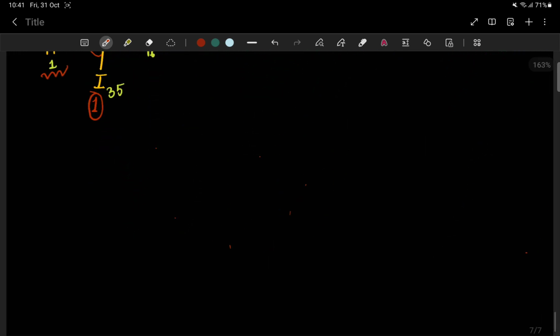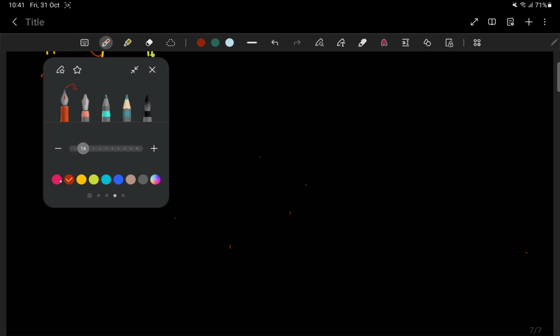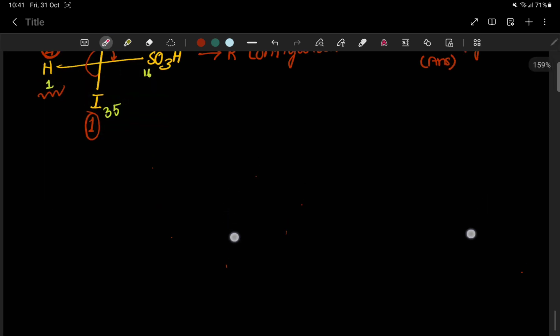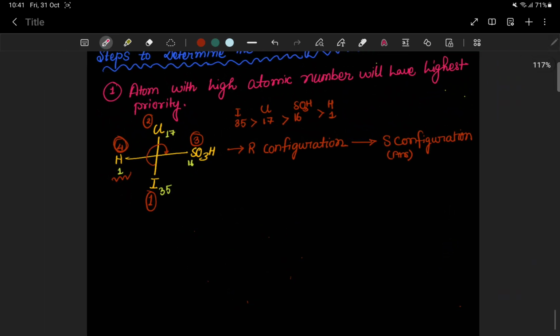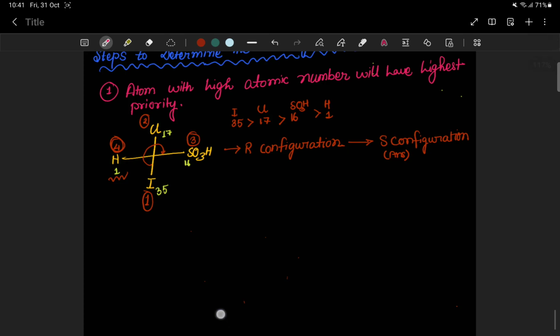This is the way you determine it. After this, you check for isotope forms.